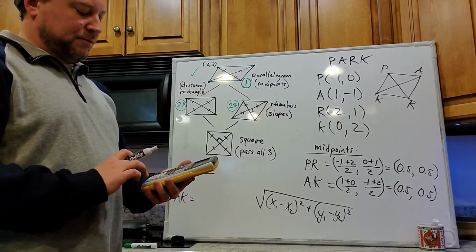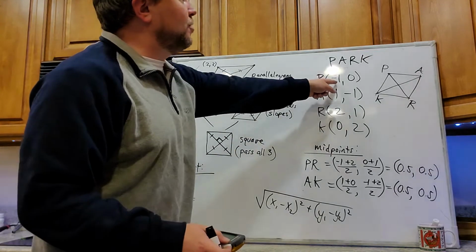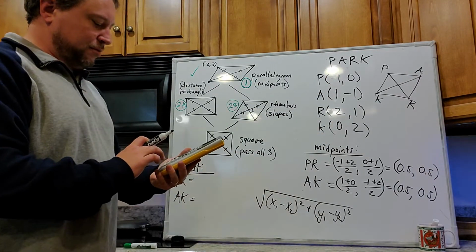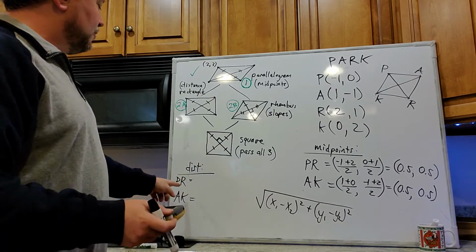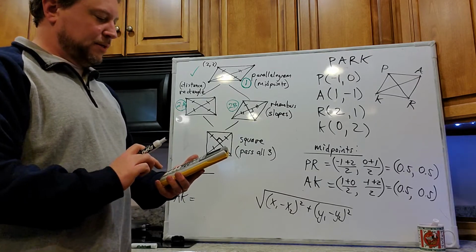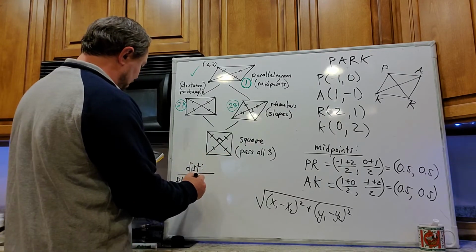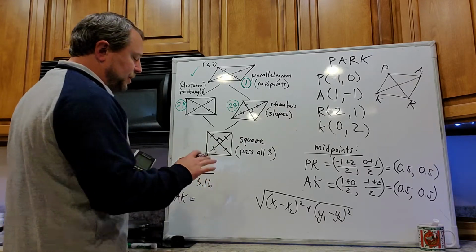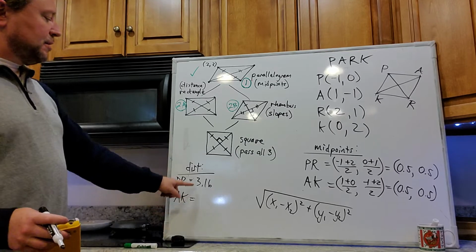I might as well use the same formula for mine as well. So PR, I'm going to put in the coordinates -1, 0. And for R, 2, 1. Okay, that tells me its distance is 3.16 approximately.